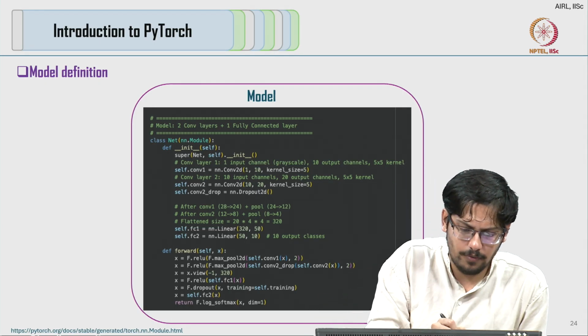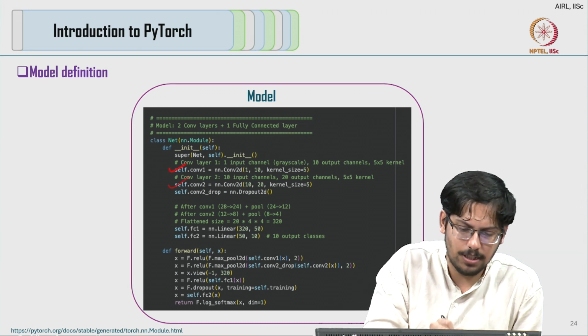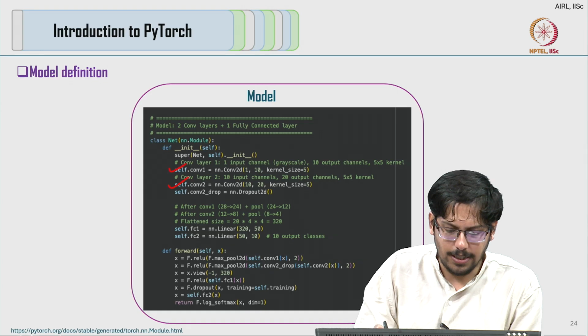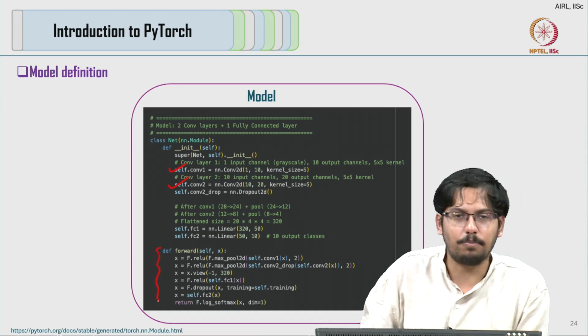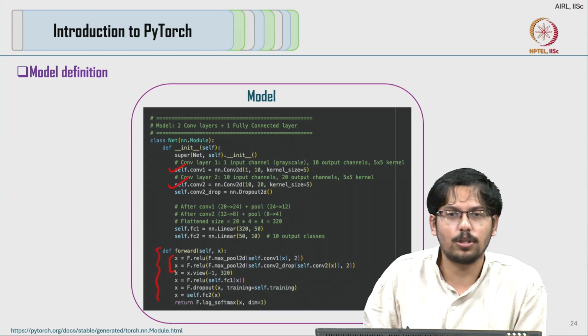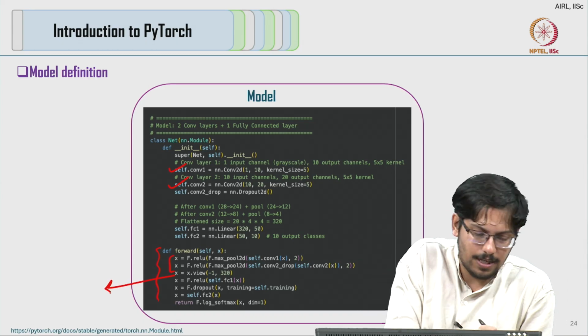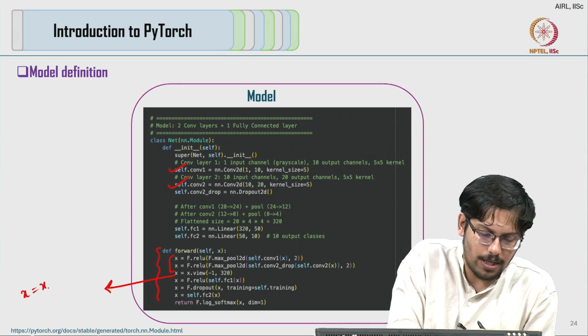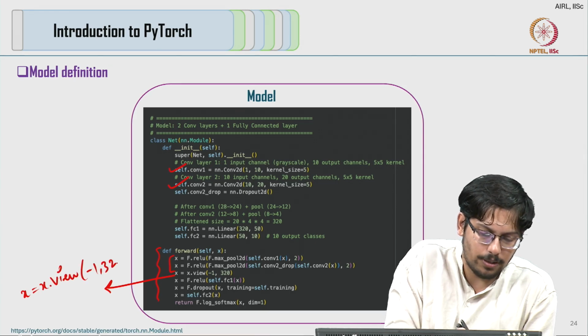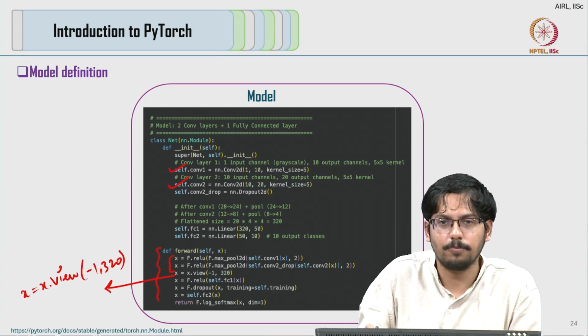Now, let us look at a slightly different model definition compared to what we saw, but the fundamentals remain the same. We can understand what self.conv1 would do, and similarly self.conv2. Now, if we observe the forward pass, we see that after passing through the convolution layers, there is this particular operation, x is equal to x dot view of minus 1, 320. This is essentially the flatten operation.